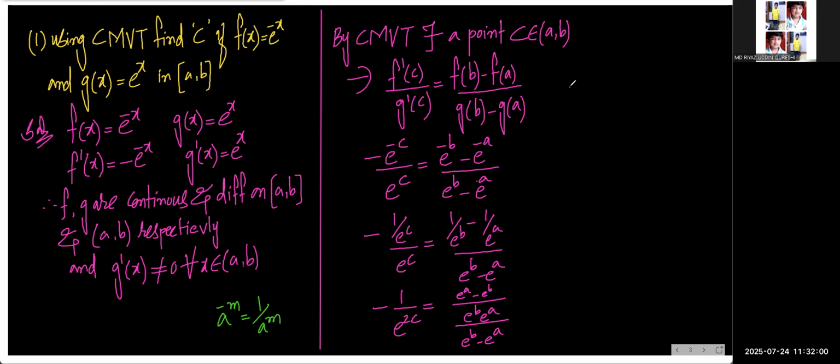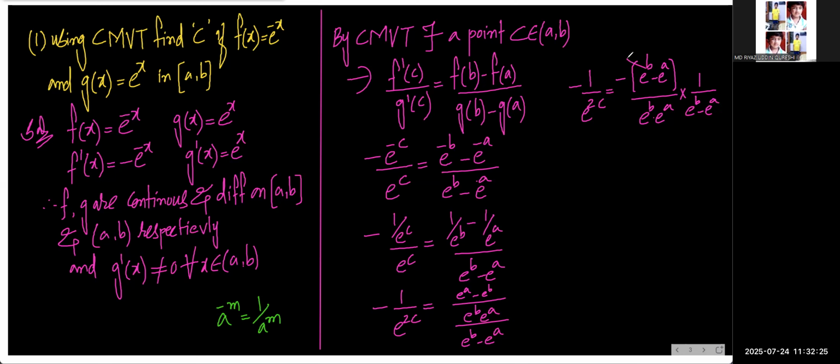So minus of 1 by e to the power of c. Let us take minus from the numerator. We get e power b minus e power a by e power b into e power a. That second fraction will become reverse, 1 by e power b minus e power a.